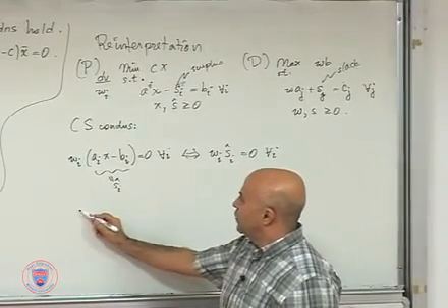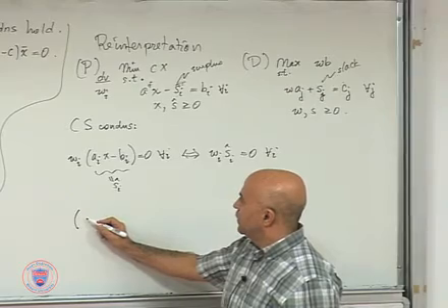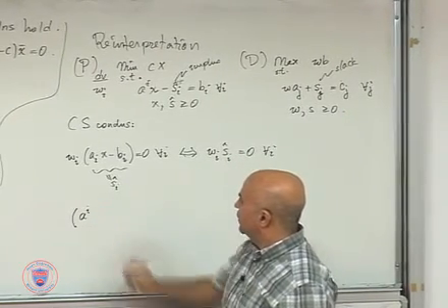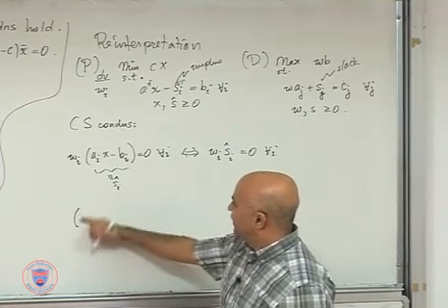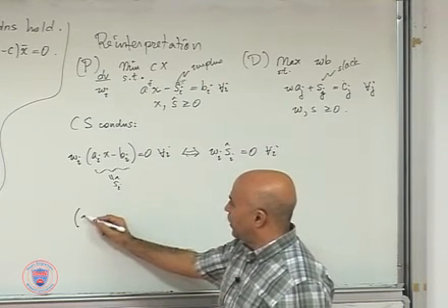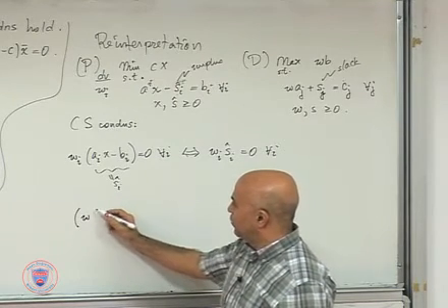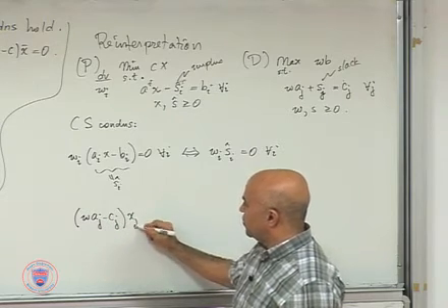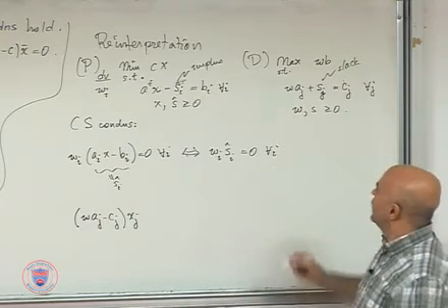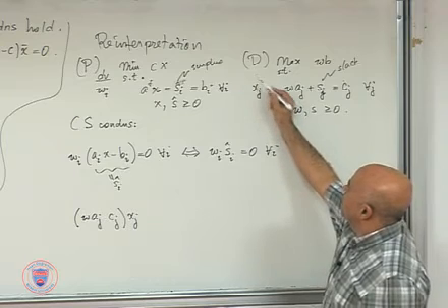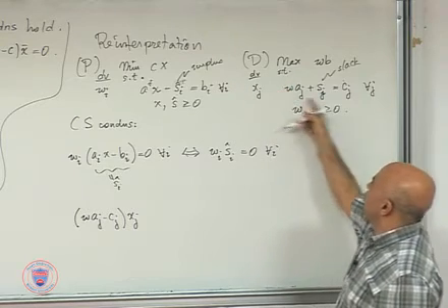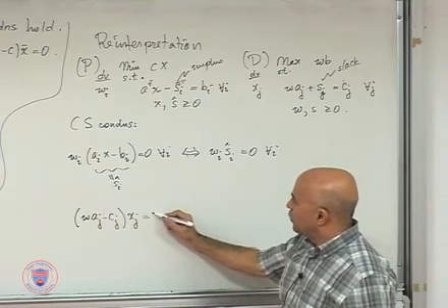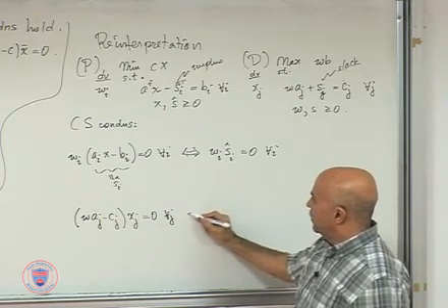Similarly, what do we have? W times (aj minus cj) times xj. This is the jth primal variable, which is the dual variable associated with the jth dual constraint, is equal to 0 for every j.